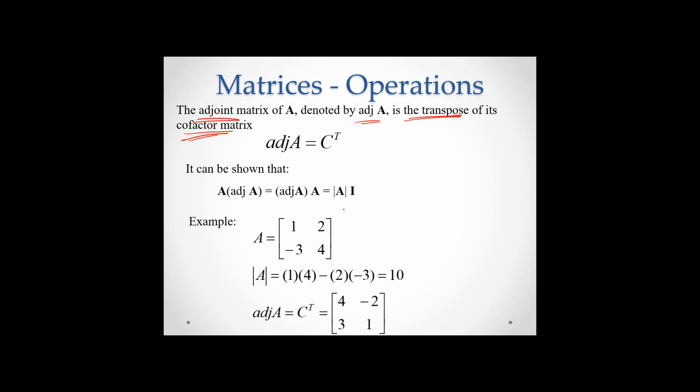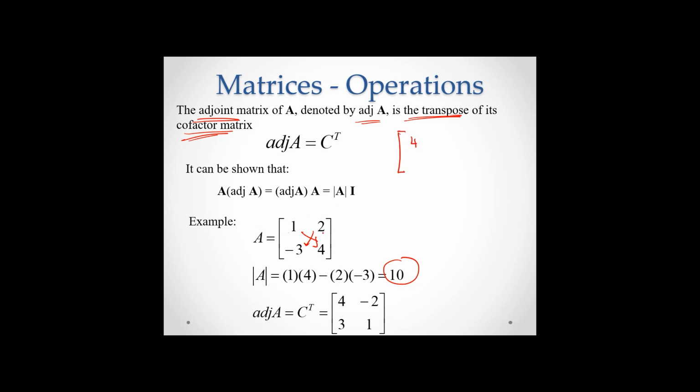Okay. And for a 2 cross 2 matrix, we know that we are having nothing but the reversal cross multiplication. So what we have is 1 times 4, then minus of 3 cross 2, that will lead to the value 10. And this will be the determinant. So if I have to find the cofactor, what will be the cofactor of 1? That will be 4.